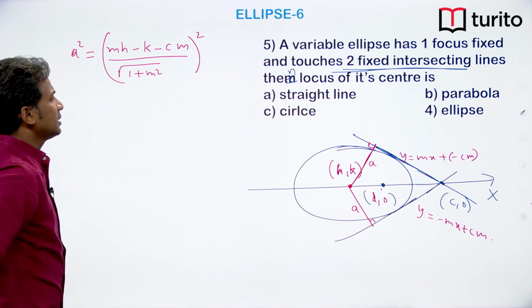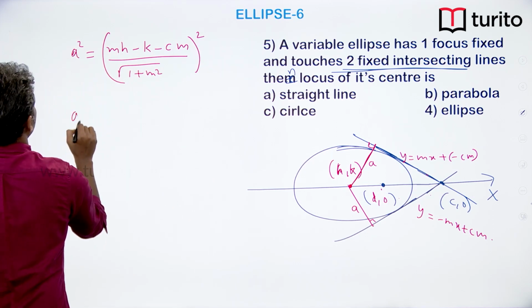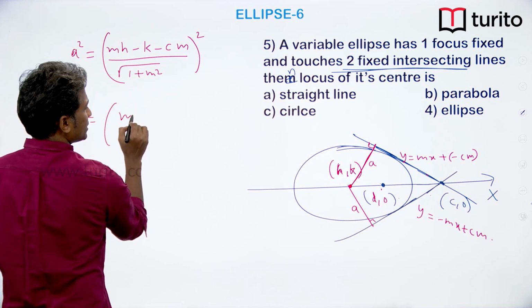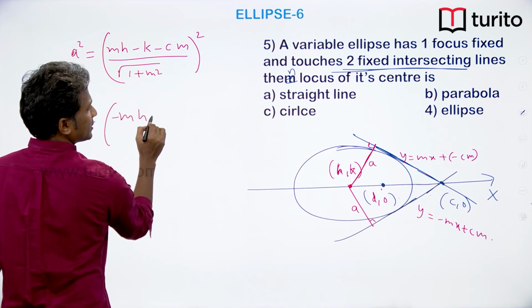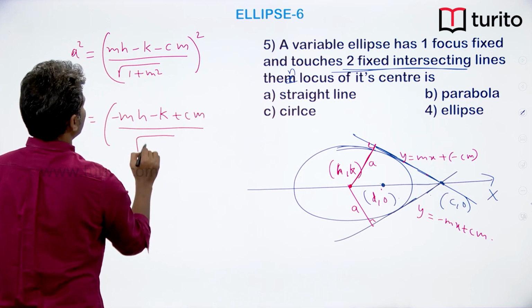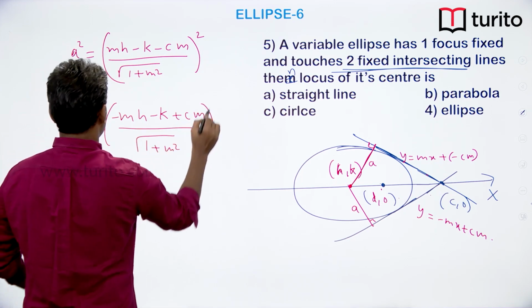This is one term, and the next one is going to be a square equal to (m h minus k plus c m) by root of 1 plus m square, whole square.